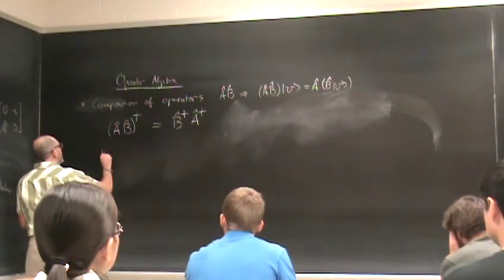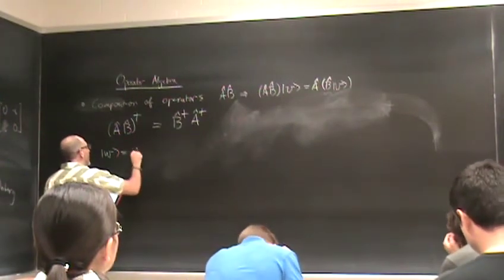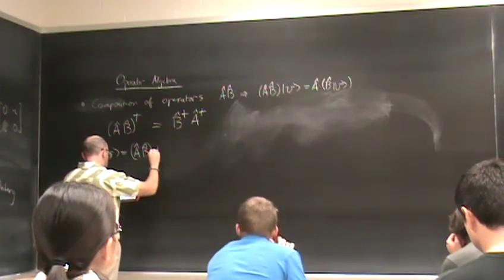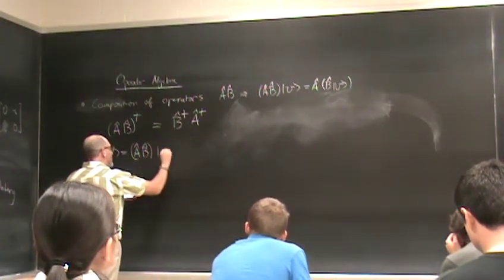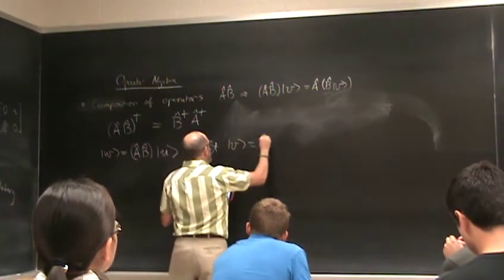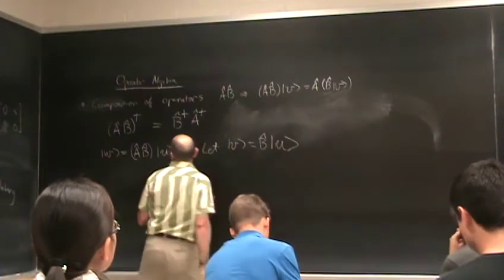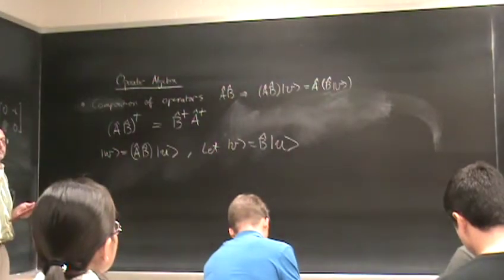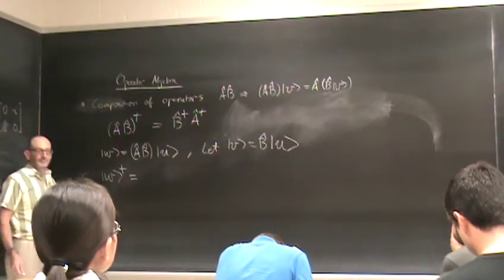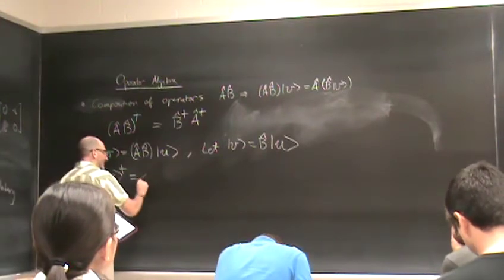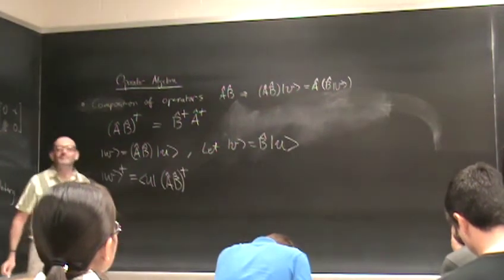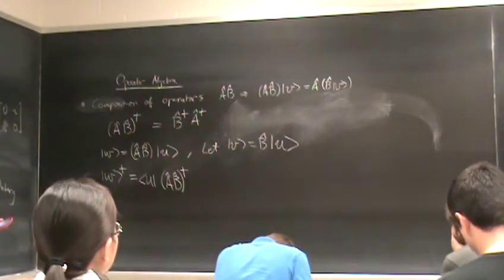So I'm going to let W equal AB on U. Is that what I want? Yeah, that's what I want. And let V equal B acting on U. Okay? So now I can say the dagger of W is the bra U, and then the adjoint of whatever this is. That's right. Okay, you buy that?